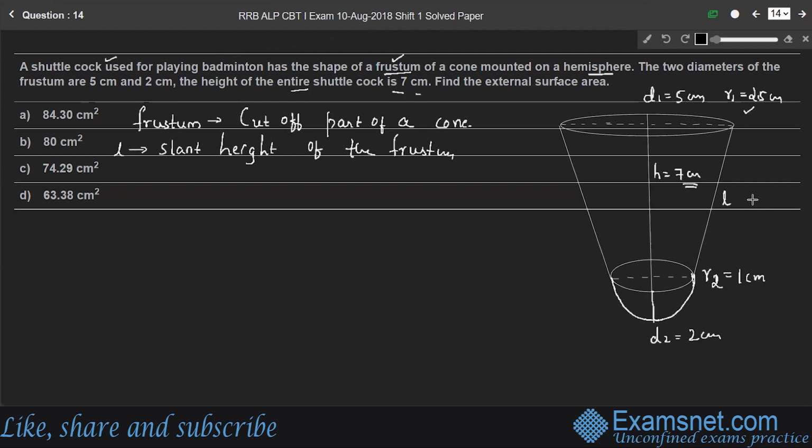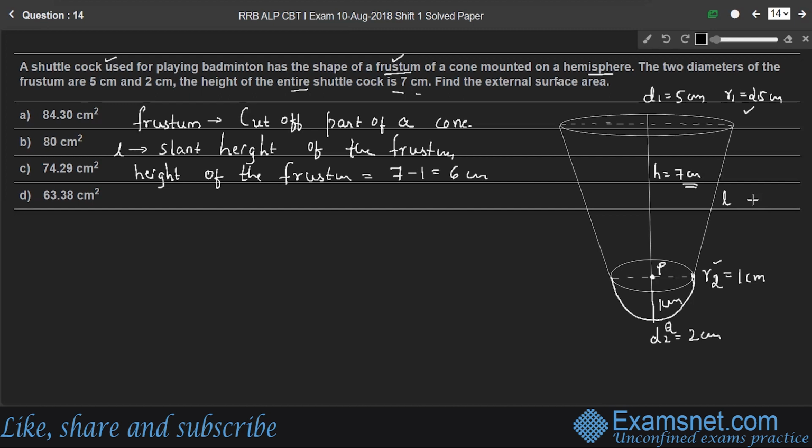So we consider the height of the frustum, which is 7 centimeter minus this 1 centimeter, since 1 centimeter is the radius of the lower end, from point P to Q. So the height of the frustum is 7 minus 1, 6 centimeter.